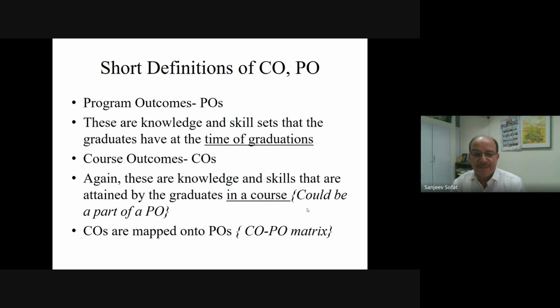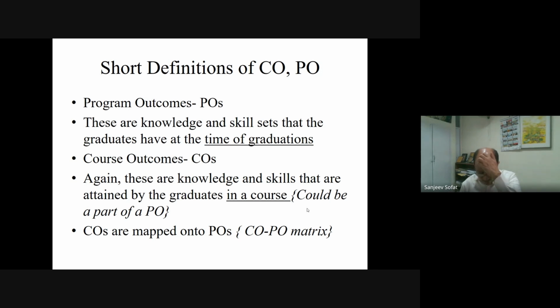Then he goes through some courses. What exactly do you get out of this? You get some knowledge, you get some skills, and with the knowledge and skills, there are attitudinal changes that happen to you. So at the time of graduation, what knowledge and skills must I acquire? What should be my attitude towards work and ethics? This is what I have to take as a program outcome.